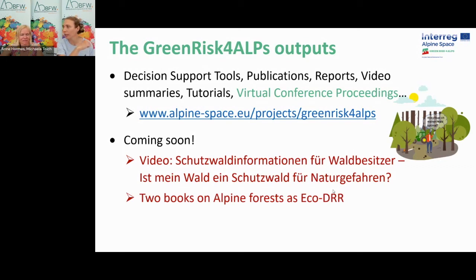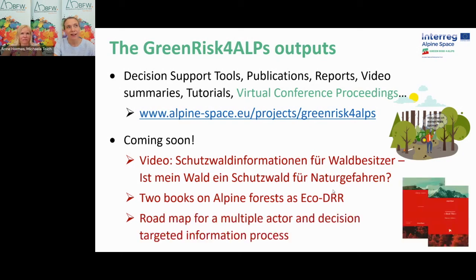In the next session, Yuri Begos will present one of them, and in the session after the lunch break, experts from other institutions, outside the GreenRisk4ALPs project, who contributed to our second book will present their work, and we are really happy that they are here.